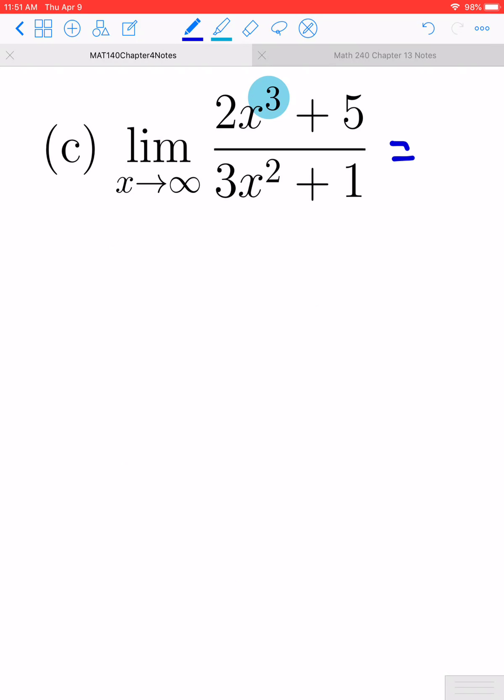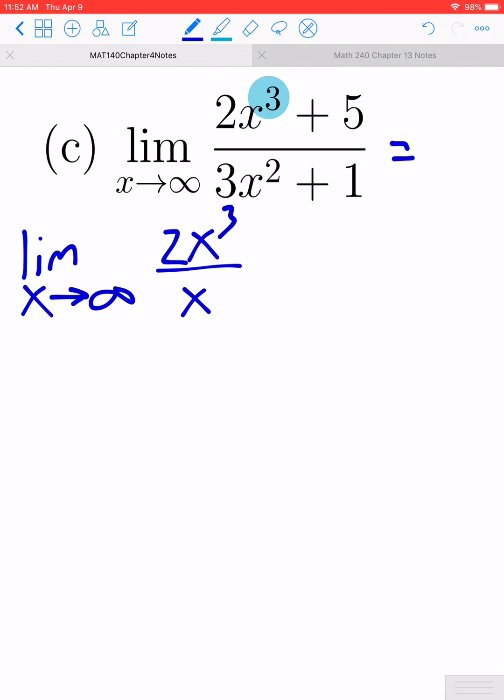Work-wise, we're going to take the same steps. I'm going to divide every single term by that highest power of x. So I'm going to divide every single term, both numerator and denominator, by x cubed.